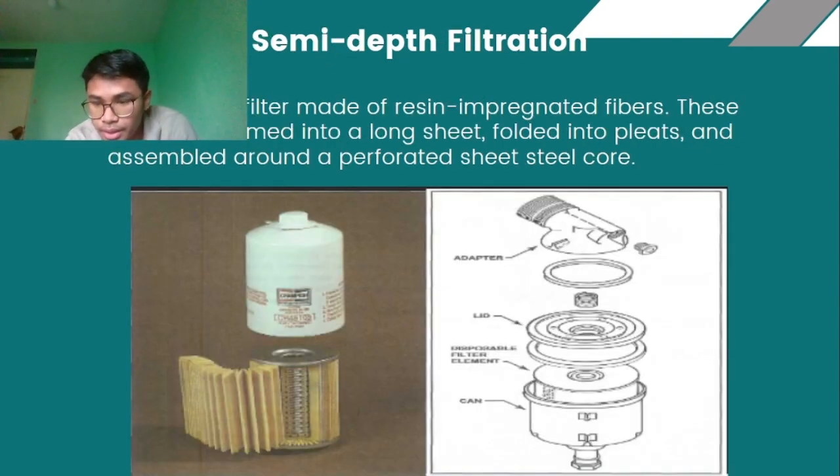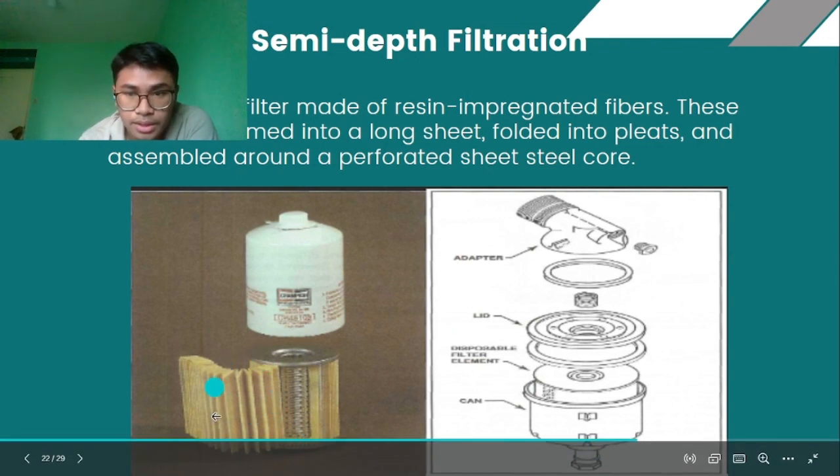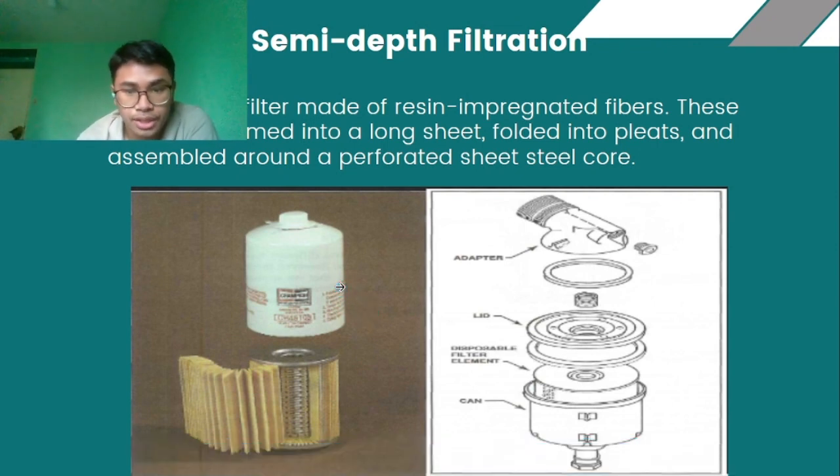For the semi-depth, it is made of resin impregnated fibers. So, it is folded in long sheets and into pleats. As you can see here. Then, it is around a perforated sheet steel core.